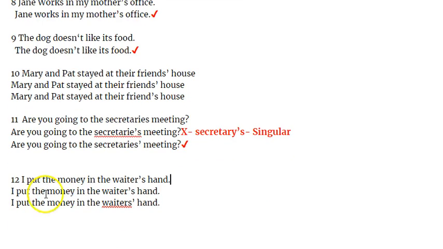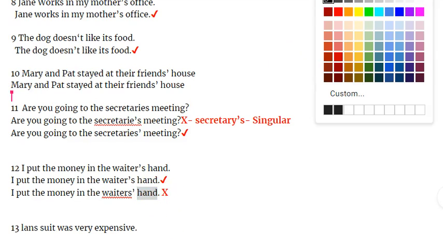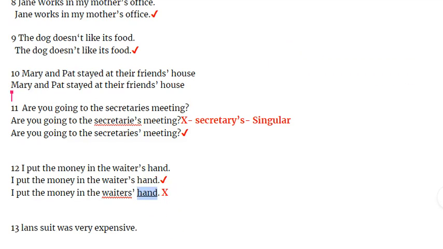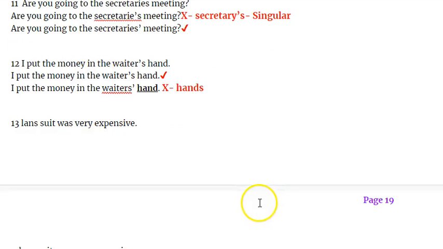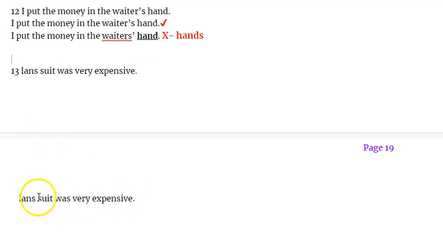Okay, so next one, I put the money in the waiter's hand. Again, just like the word foot, we're talking about only one. It must be hands. Oh, I see. I understand. And number 13, Lena's suit was very expensive.